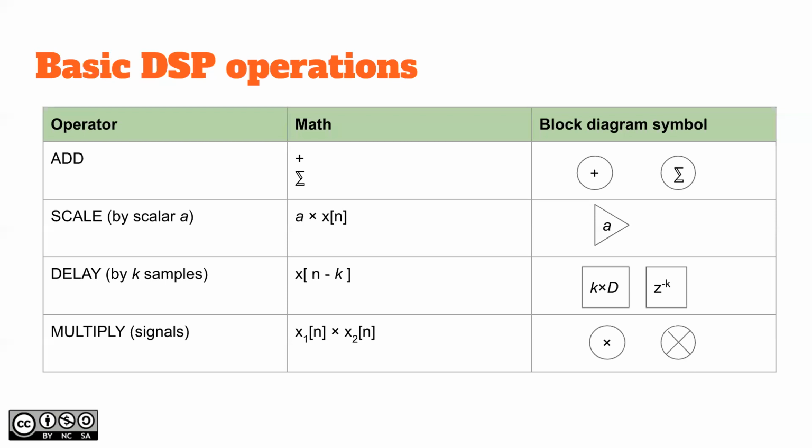For example, if you have a single delay, then the block diagram symbol is simply D, 1 times D. Then the other one here is z to the minus k. Sometimes the delay on the block diagram is shown like that.